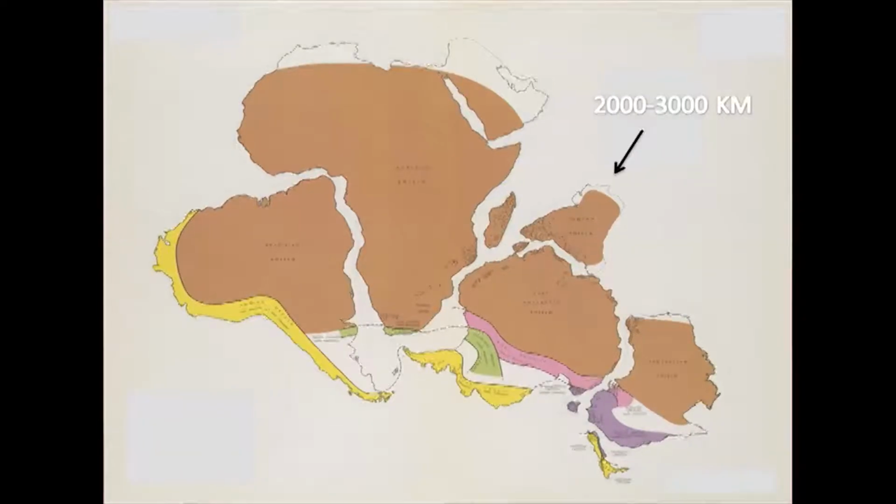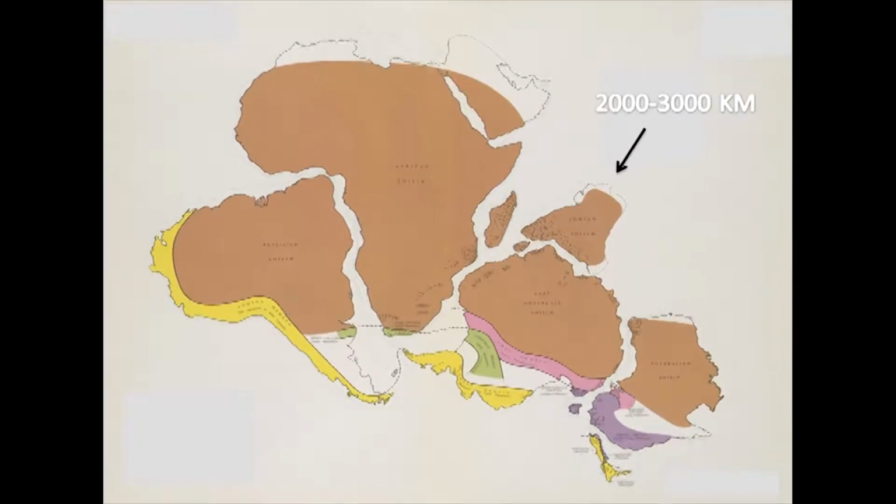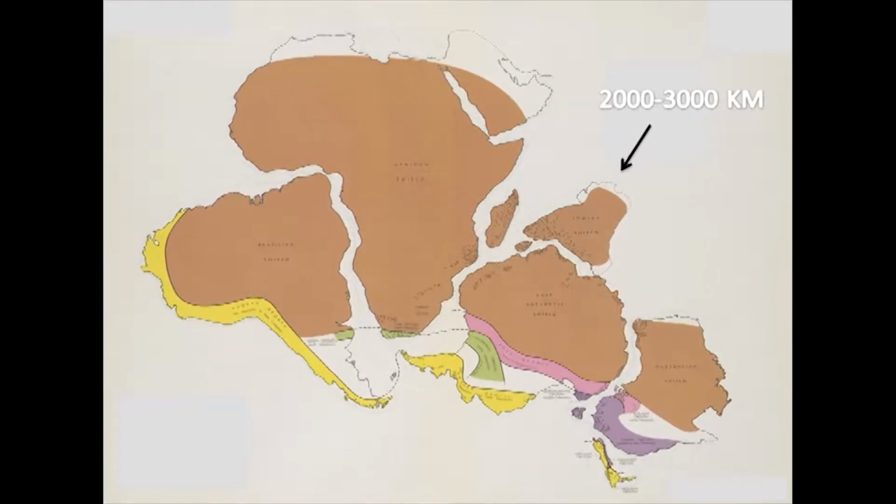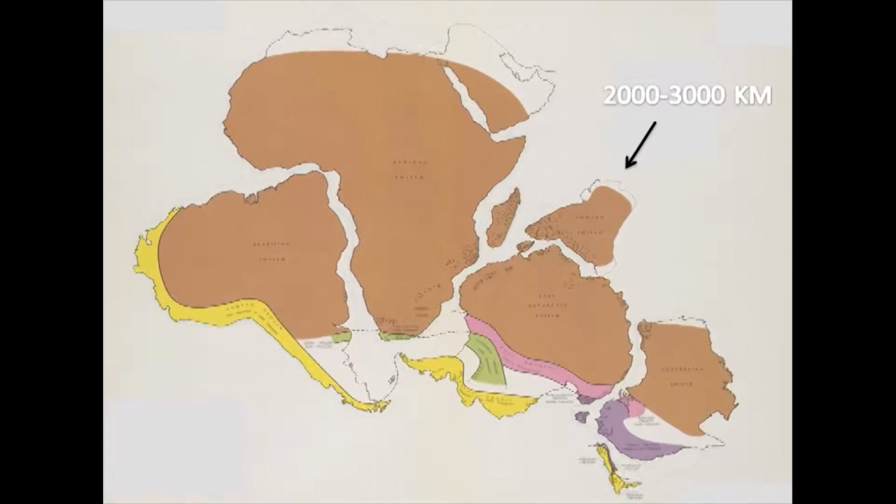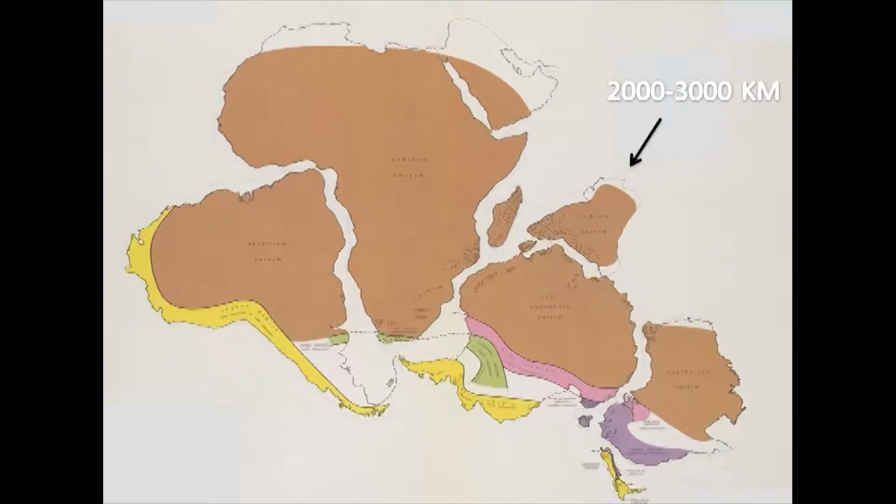It began moving north at about 20 centimeters per year and began colliding with Asia between 50 and 55 million years ago. During this time, the India plate covered a distance of 2000 to 3000 kilometers and moved faster than any other known plate.